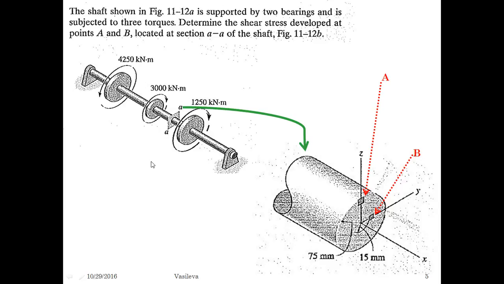So basically we have to cut the shaft exactly at this section, and they give you a zoomed in view of this section. When you cut it, point A is located on the outermost radius, and point B is located 15 millimeters, so that's a 15 millimeter radius.